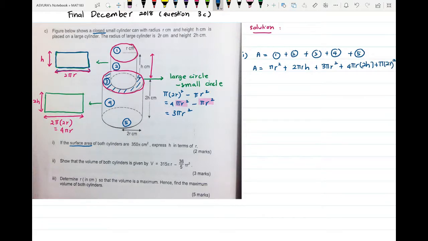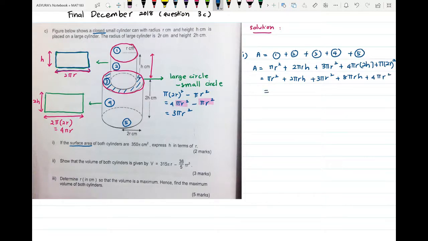Now we simplify. We have 4 pi r square plus 2 pi r h plus 3 pi r square, plus 8 pi r h, and then plus 4 pi r square.